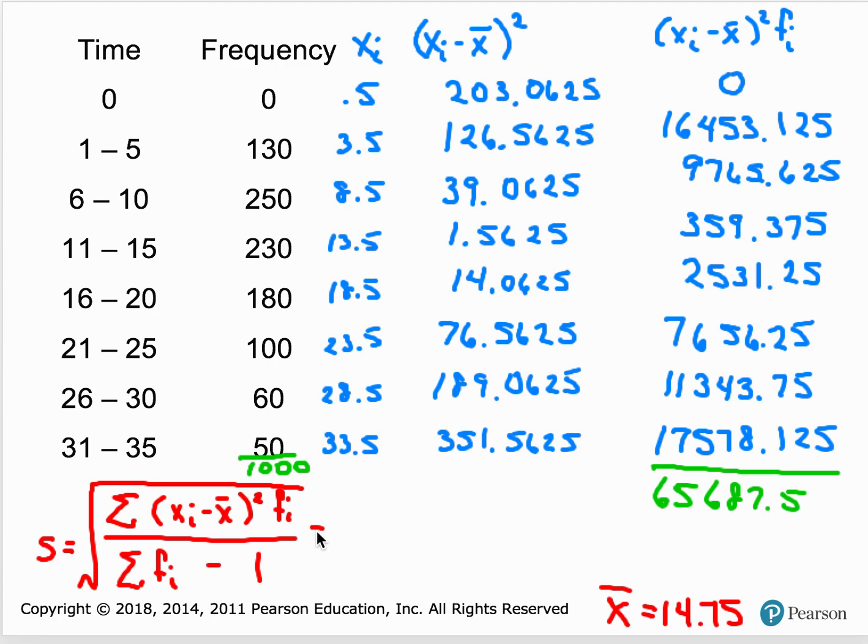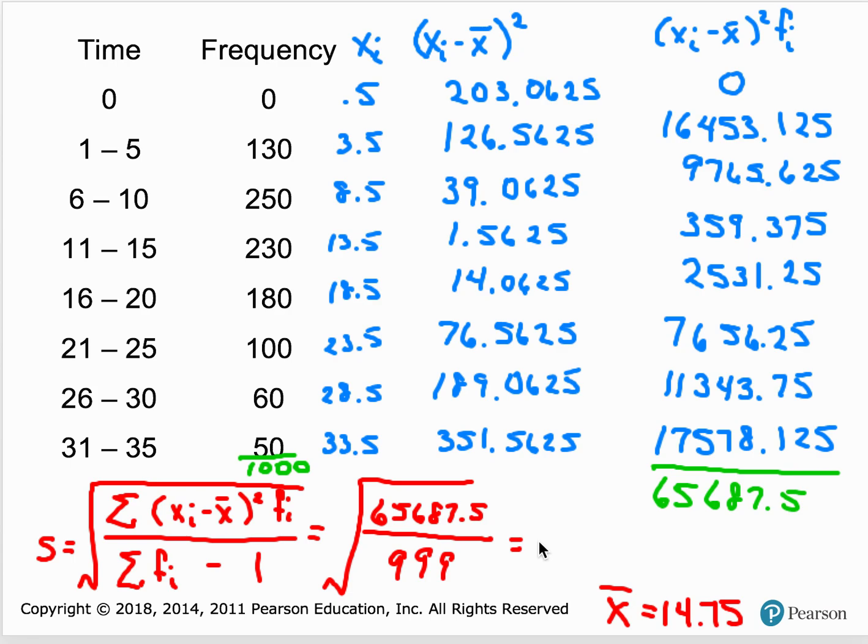Okay, so now I've got the square root of 65,687.5 divided by 1,000 minus 1, divided by 999. Let's see what that is.